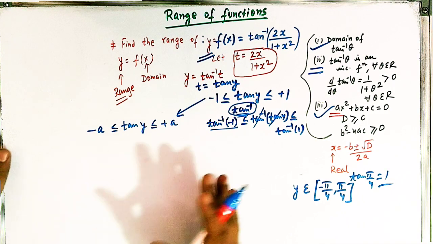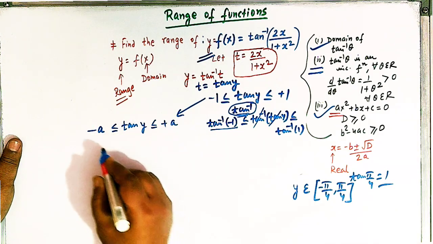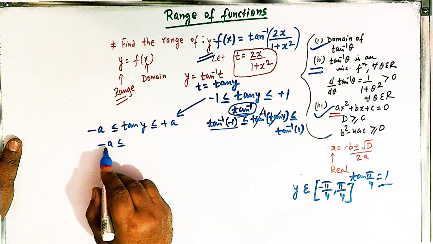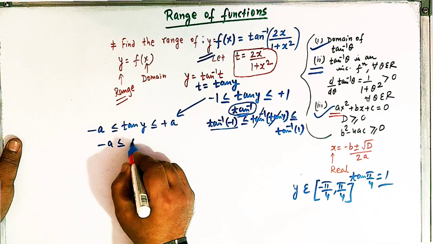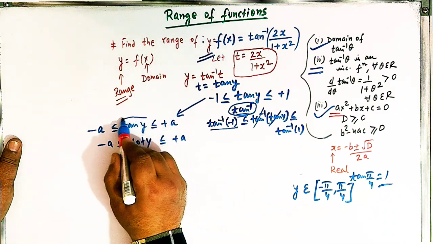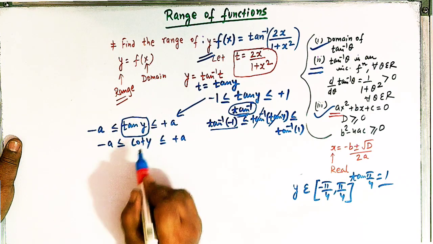So now to make it more clear, let us consider one more inequality, right? Suppose we have an inequality like this, that is minus a less than or equal to cot of y, right? So here instead of taking tan of y, we are taking cot of y, right?